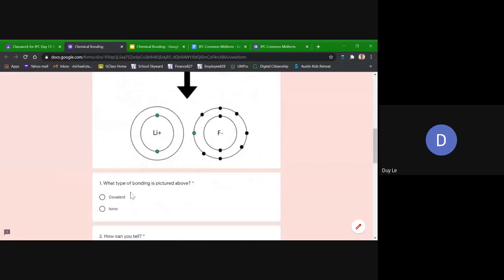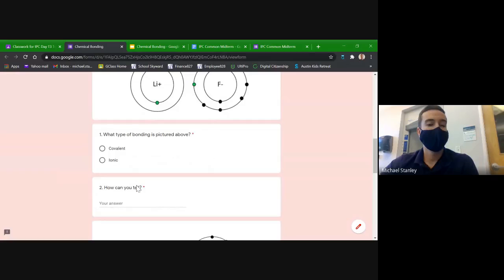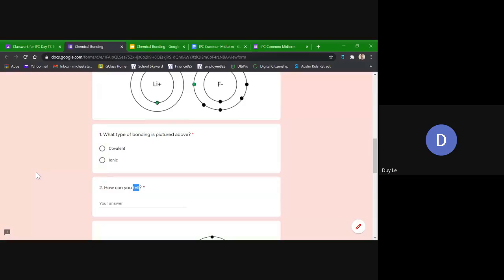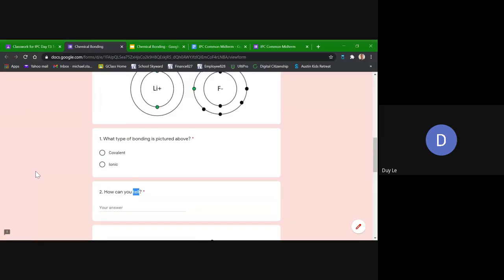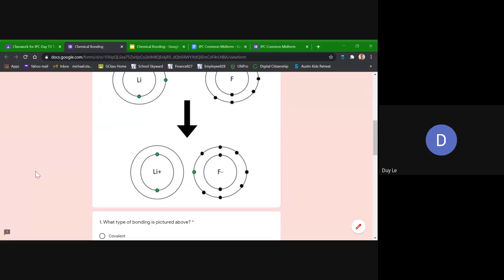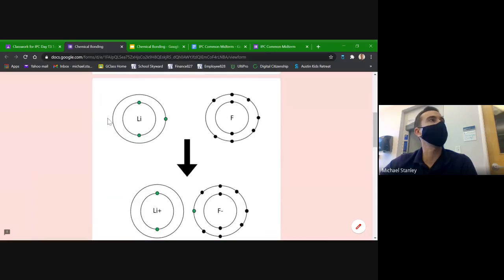For example, this one is capital L, small e, and capital F. So these two atoms, lithium and fluorine, are the names of them. And so we have some electron shells right here.